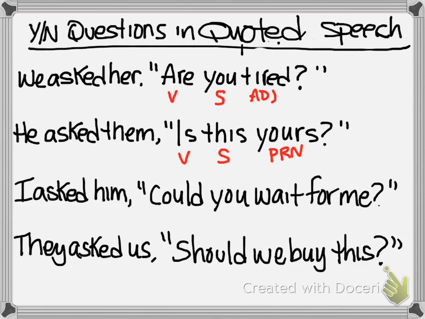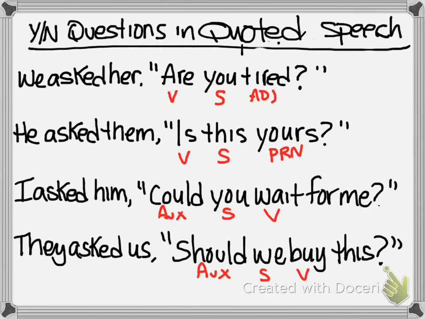Could you wait? Could is an auxiliary, you is a subject, wait is a verb. Should we buy this? Should is an auxiliary, we is a subject, buy is a verb.